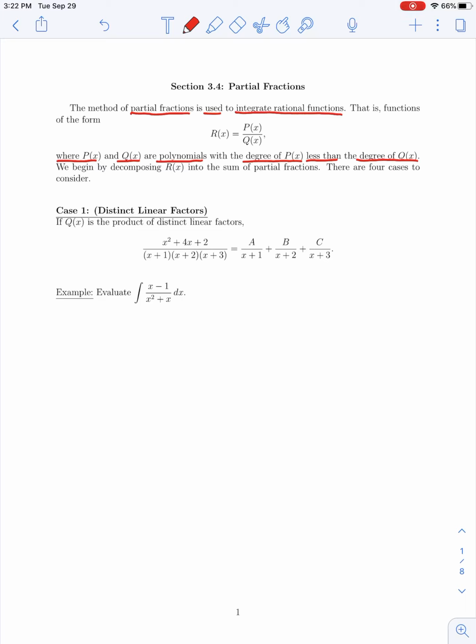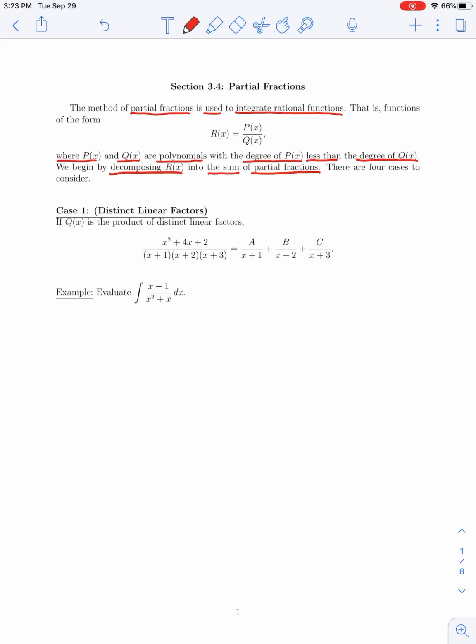The general idea of partial fractions is to take a single, somewhat complicated rational function, r of x, and decompose it into a sum of smaller, more manageable pieces, which we call partial fractions.